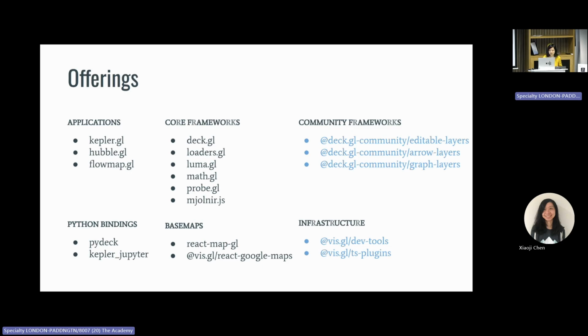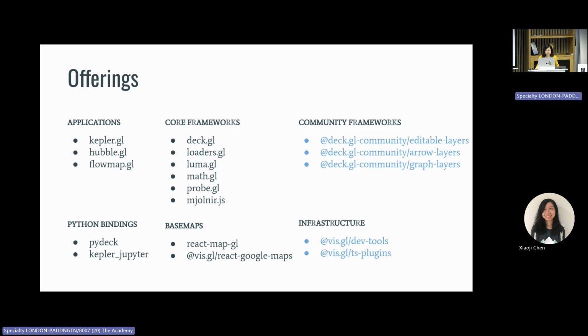Mjolnir is our own wrapper of Hammer.js, if you're familiar with gesture recognition, but there has recently been some development steering away from that. And there are Python bindings, PyDeck, and a Jupyter widget that allow people to use Vis.gl with Python.